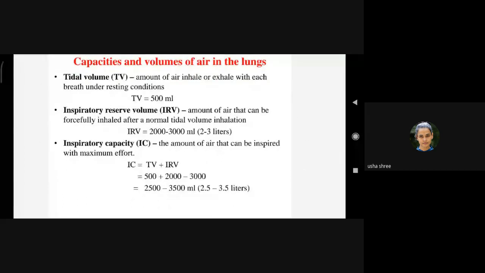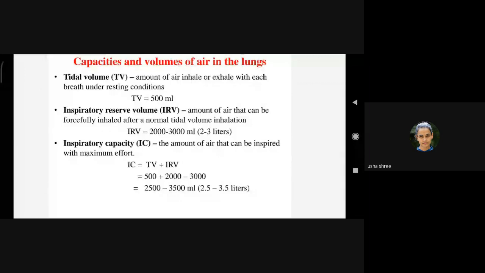Now, next is inspiratory capacity. The amount of air that can be inspired with maximum effort. That is inspiratory capacity. It's very simple. It's tidal volume plus inspiratory reserve volume.